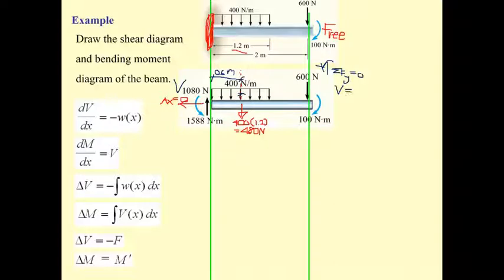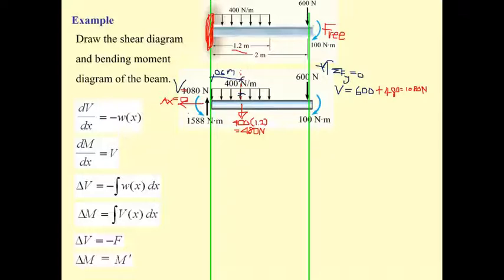Also the resultant force from the uniformly distributed load is downward, so it's 600 downward plus 480 downward, so the result is going to be 1080 Newton.